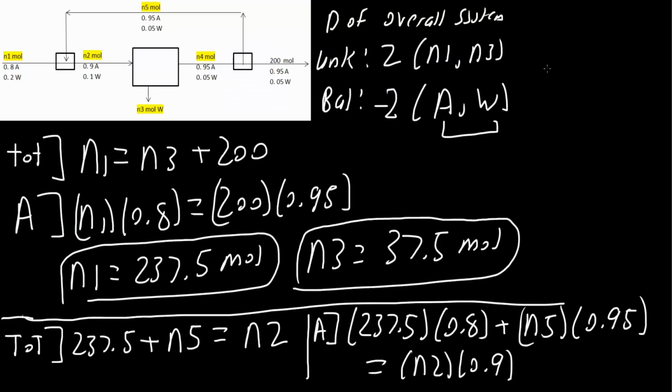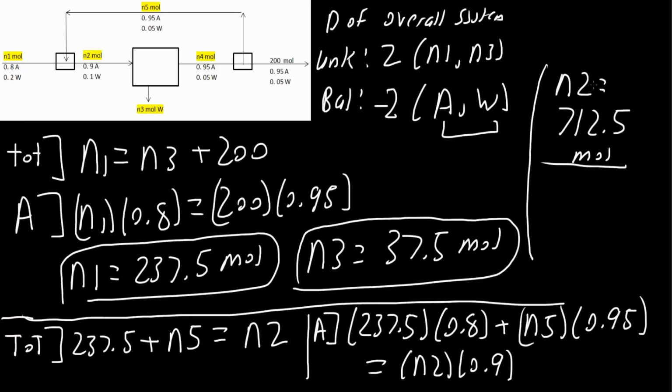So I guess we can write it down right here that N2 is equal to 712.5 moles and N5 is equal to 475 moles. So now we have 4 out of the 5 answers. The fifth one is going to be super easy. We just need to know N4. So we have N2 going in, and two things are coming out, this and this.